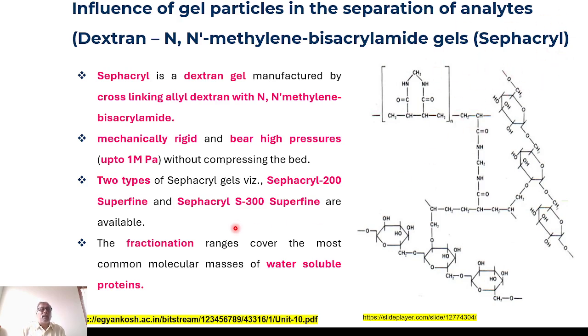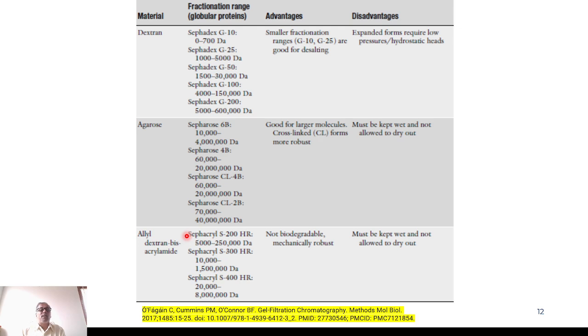Sephacryl gel. The only thing is it can bear high pressure compared to other gels, so breaking of the column bed is a little bit difficult. It can withstand the mechanical pressure when compared to Sephadex or Biogels or whatever it may be. The phenomenon again is the same.